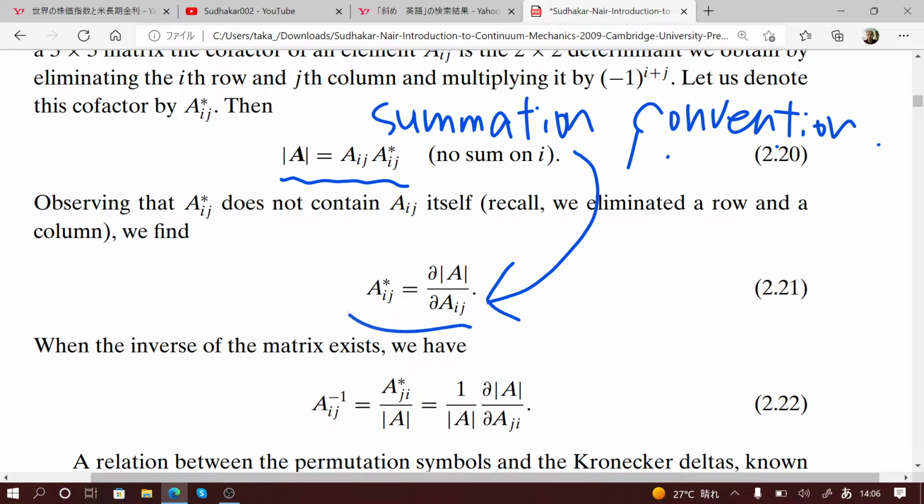But here, this i, j are repeated, but this is not the summation convention.